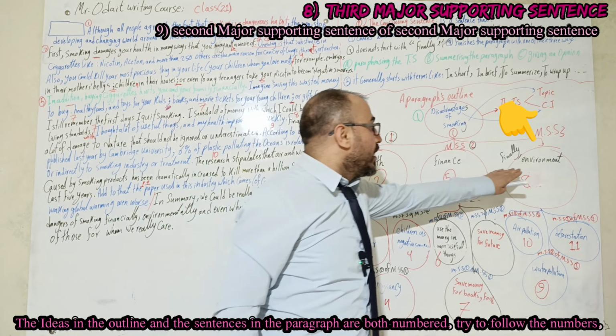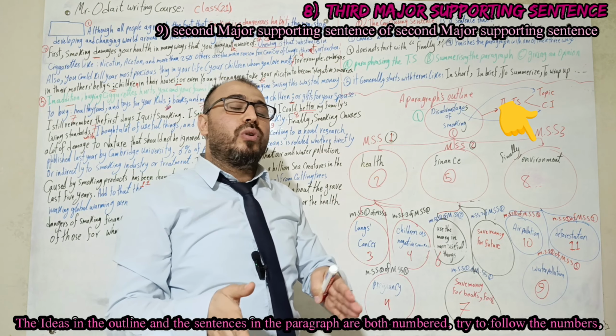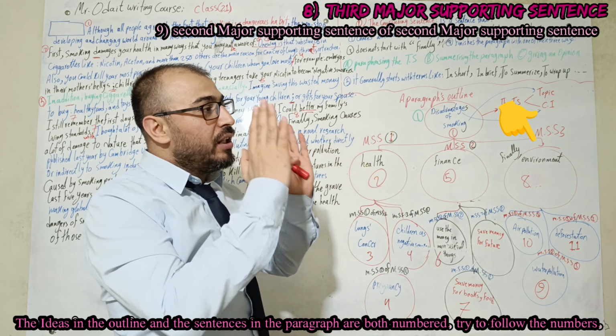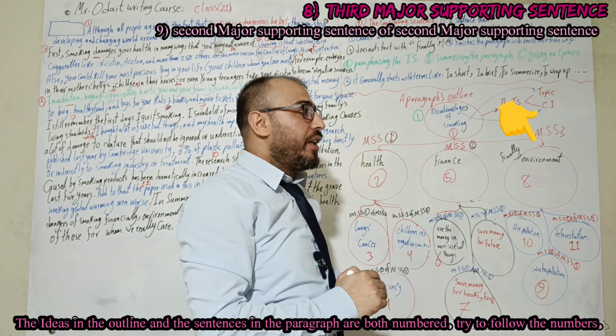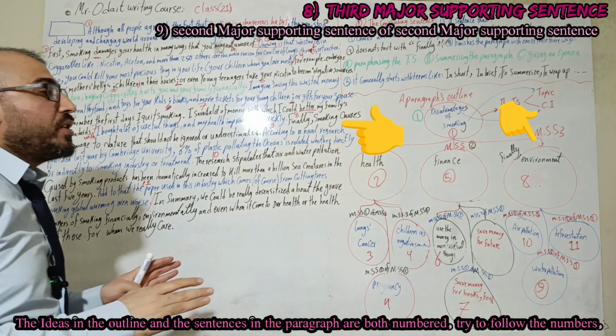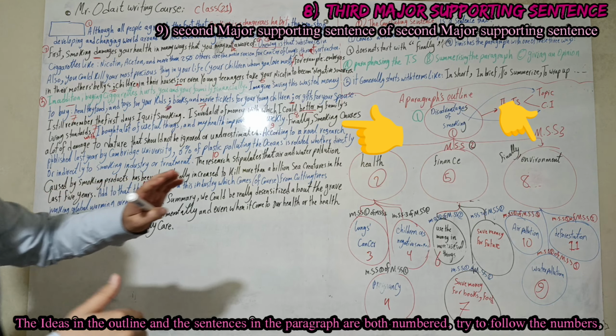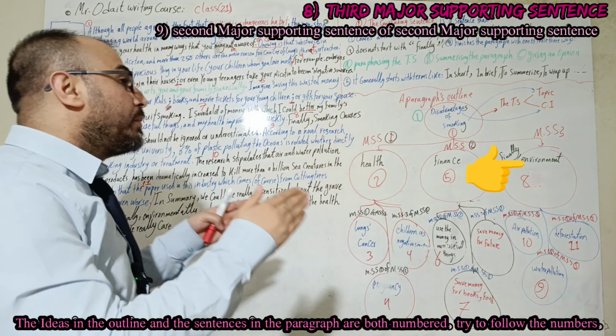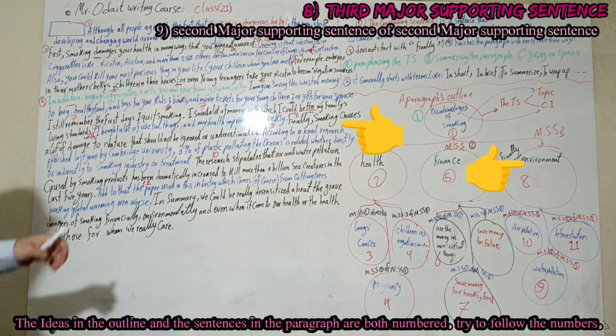As you see here, my friends, this sentence talks specifically about the disadvantages of smoking. From which angle? From the angle of nature and pollution. As you see here, it is more specific than the topic sentence, but still it's general and it can be developed into narrower ideas.